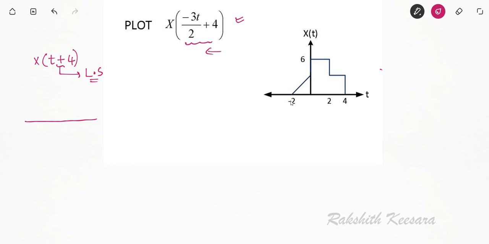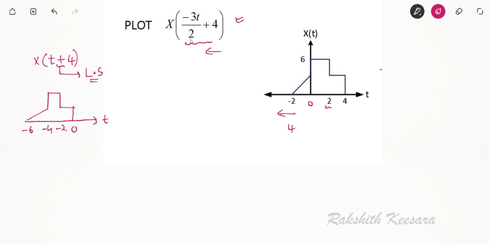That is, my signal is to be shifted to the left side by an amount 4. Now this will become minus 6, and this 0 will become minus 4. And this 2 will become minus 2, and this 4 will become 0.